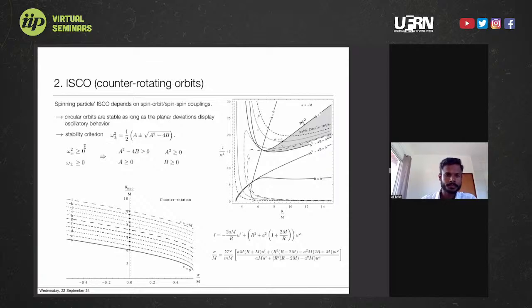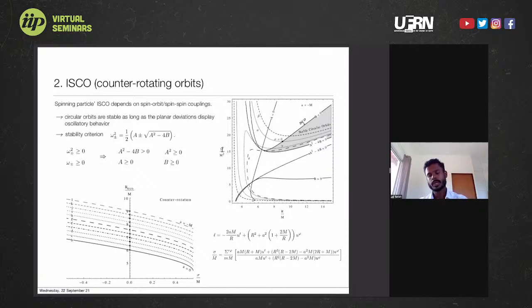Therefore, for having the bound orbit, omega plus or minus squared should be greater than or equal to 0 individually. And for this, these four conditions must be individually satisfied. Now that we have obtained these conditions, let us plot these four conditions in the radius versus angular momentum squared plane.